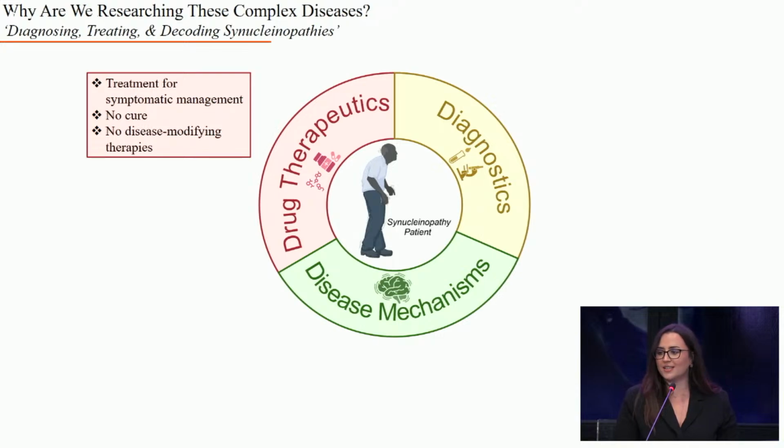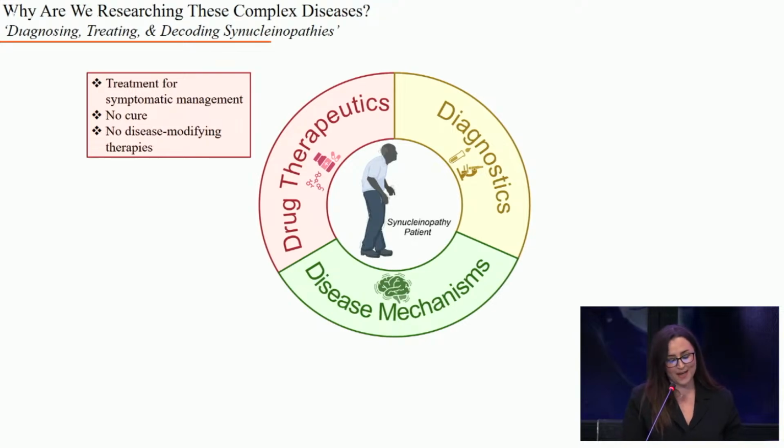One being drug therapeutics. Currently, the only way to manage synucleinopathies is purely to treat and manage the symptoms. There is no cure, and on the market today, there is currently no disease-modifying therapies, so no drugs that can slow down the progression of synucleinopathy.